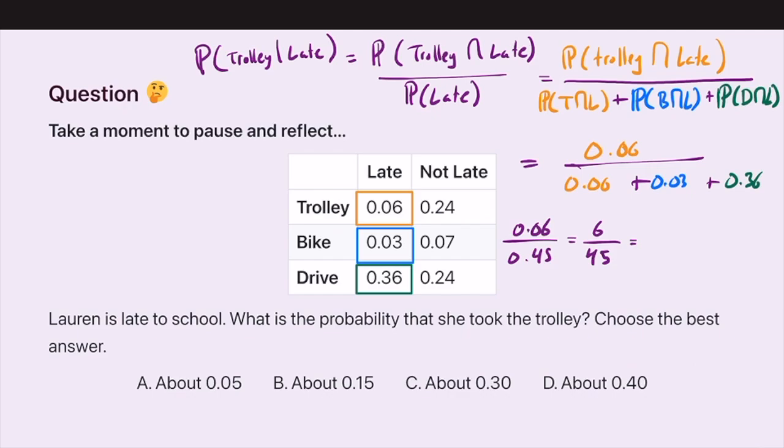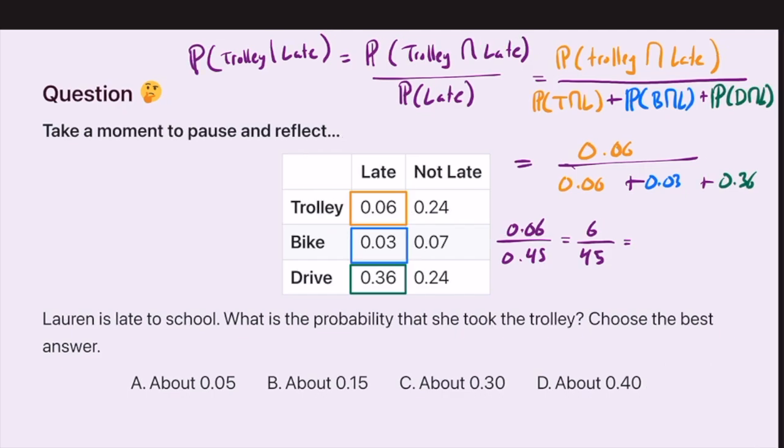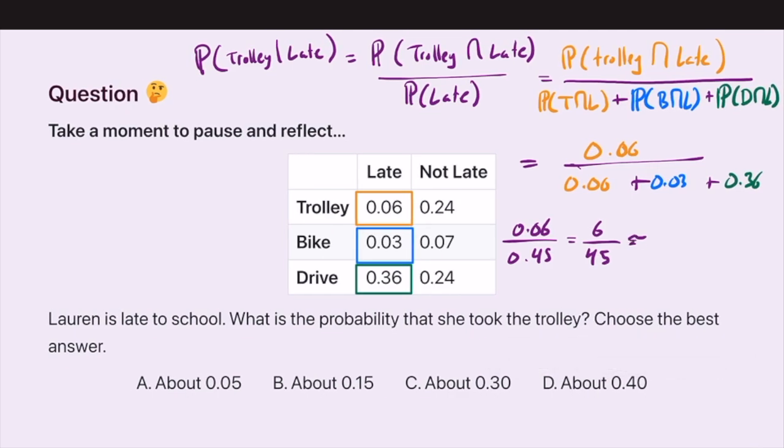Yeah, we can scale these up. Okay, so this answer is going to be about 0.15. So this will be our answer here.